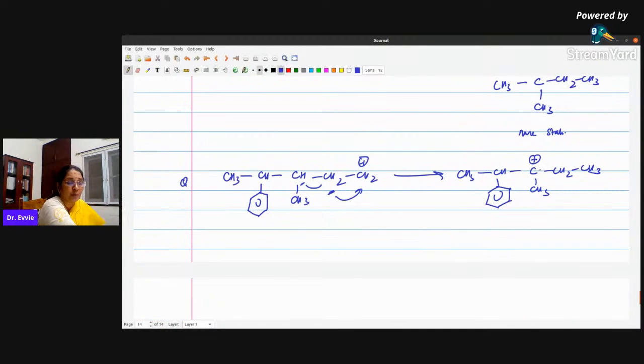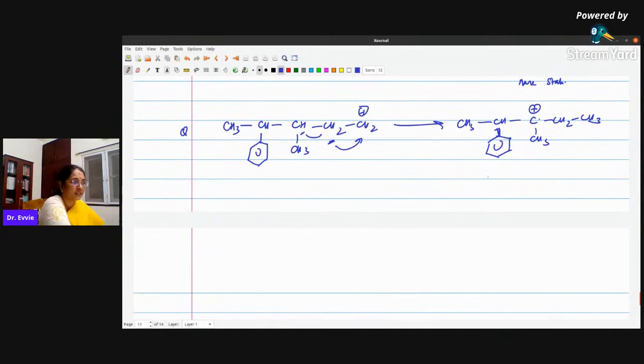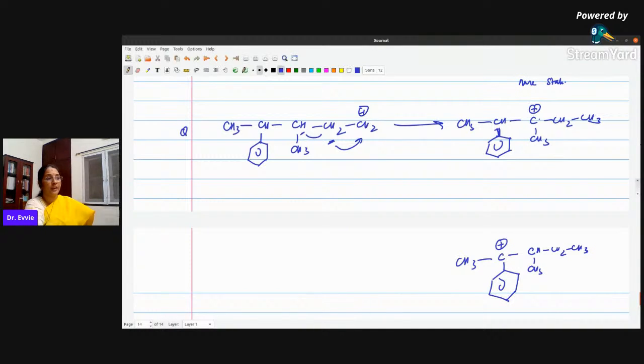Whether this positive charge can come to this carbon also, that is also possible, right? So you have another chance where it can move and form like this: C plus, C, CH3, so the H will be here, CH2, CH3. Okay, so now I have already told you about the stability of carbocations.